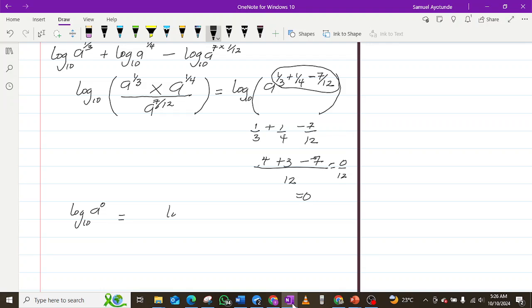So we have log 1 base 10. And I told us when we have any base and we have 1 here, the answer is equal to 0. That means our answer for this question is 0.